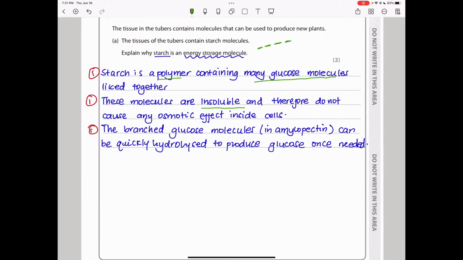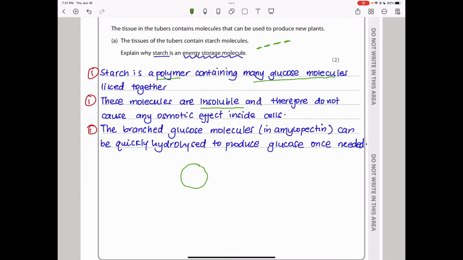So let's take an example, if this was a cell and starch is inside, starch will not dissolve in the solution inside the cell, and therefore the osmotic potential will not be generated, or osmotic effect will not be generated, causing water to come inside. If there was a situation where a molecule is soluble, it could dissolve, creating a highly concentrated solution inside, which can lead to water coming in by osmosis, and therefore causing the cell to swell and then burst.